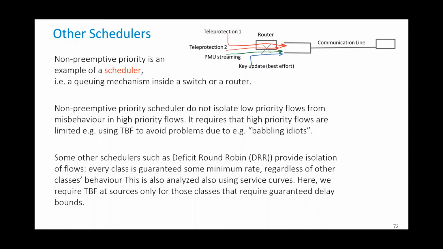Assume one of the flows misbehaves and sends a lot of traffic. The server will do a round and will still serve 1 packet of this flow at every round. Still, if I have n flows, I guarantee an average rate of C over n to each of the individual flows, regardless of what others are doing.